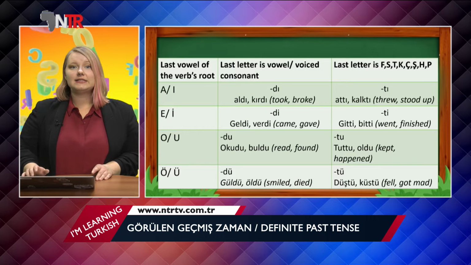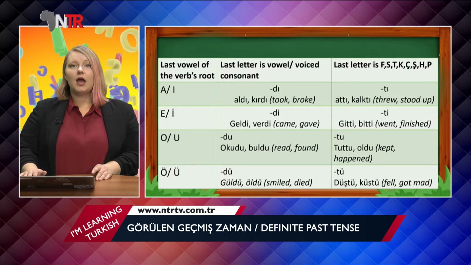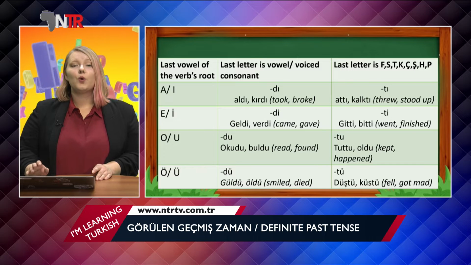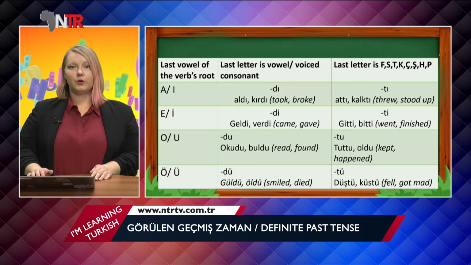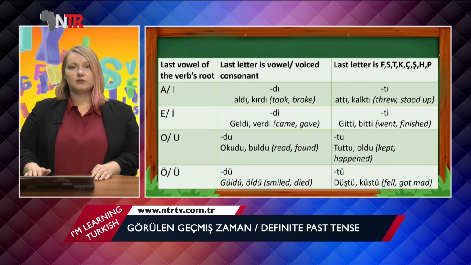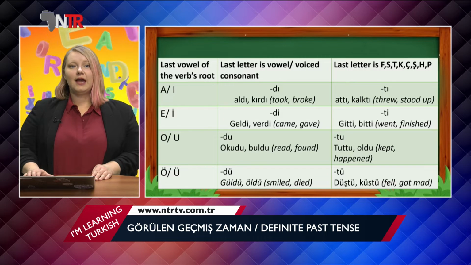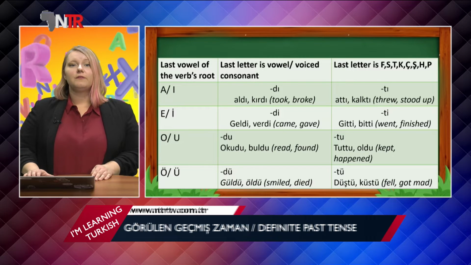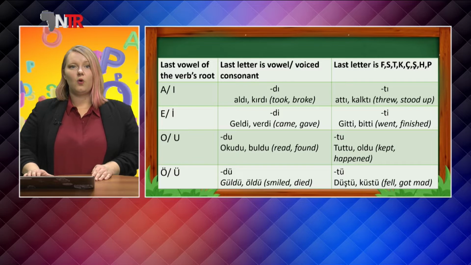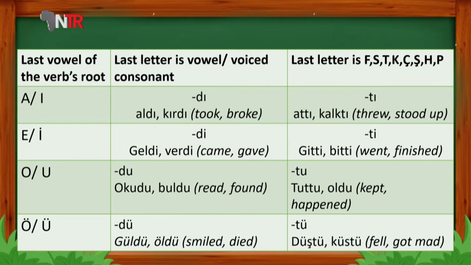In the second step, we will understand what is the last vowel of our verb's root. And according to this, we will choose our nice affix. If the last vowel of the verb's root is a or ı, we will add d or t.